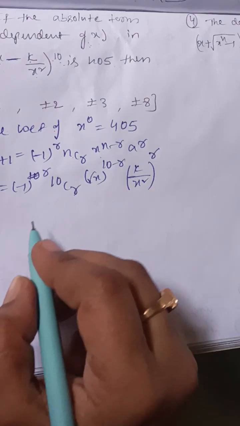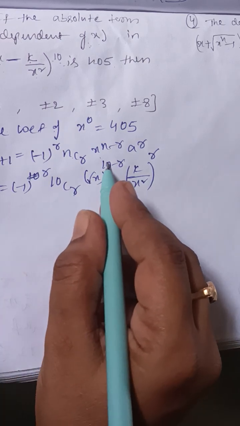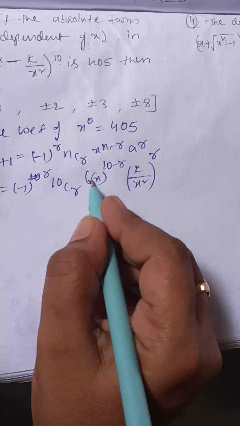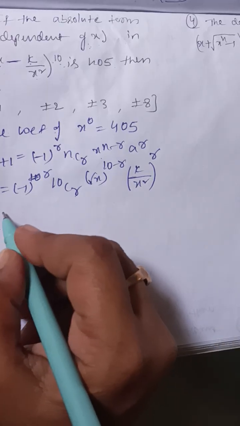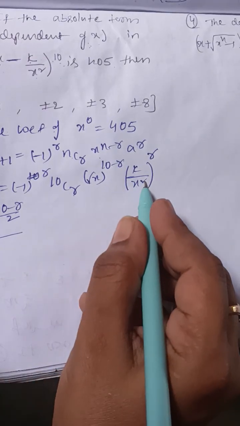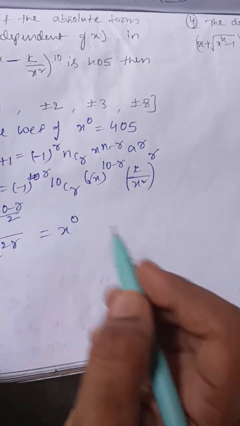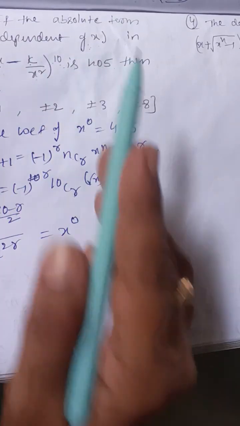To find the coefficient, we are equating the powers of x. Root x can be written as x power 1 by 2, so 10 minus r by 2, and denominator x power 2 whole power r, x power 2r, which is equal to x power 0 because independent of x.